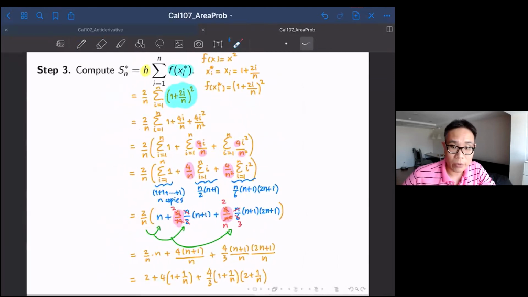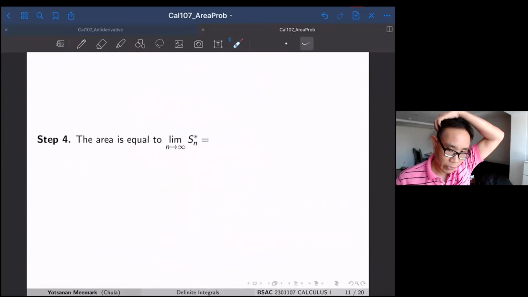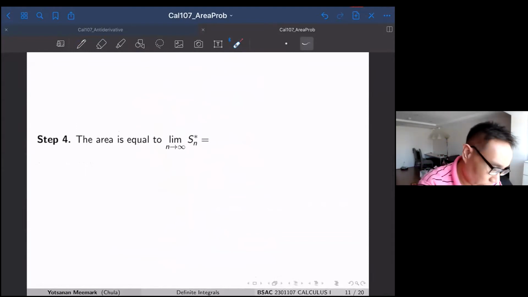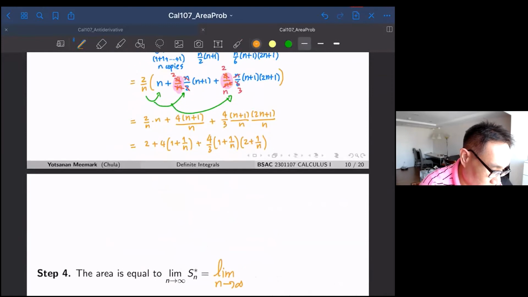You see, it's kind of a huge calculation. The next one, we're going to find the area. The area turns out to be the limit of this Riemann sum. So it's going to be the limit as n goes to infinity of, you copy this whole term down.